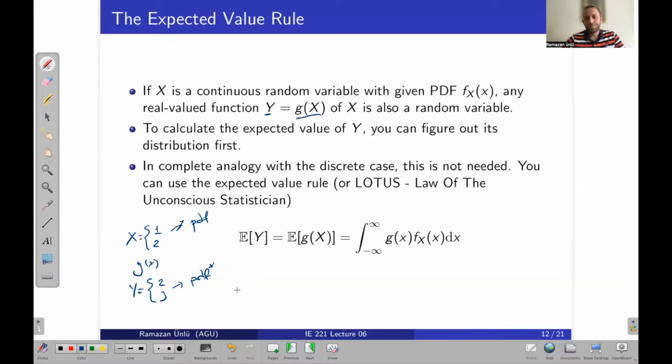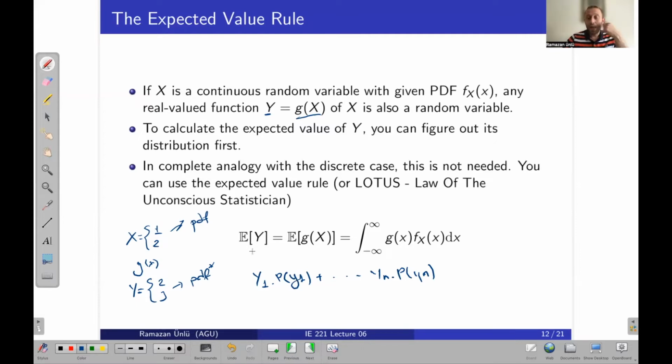what can I do? The first option is that I can simply calculate y1 times the corresponding probability, plus so on up to yn times its corresponding probability. This is one way. But instead, I can use the original random variable, which is x.